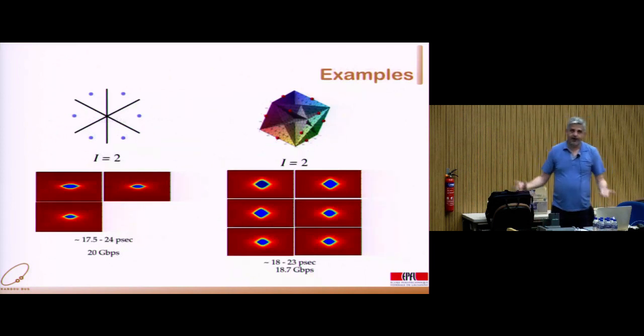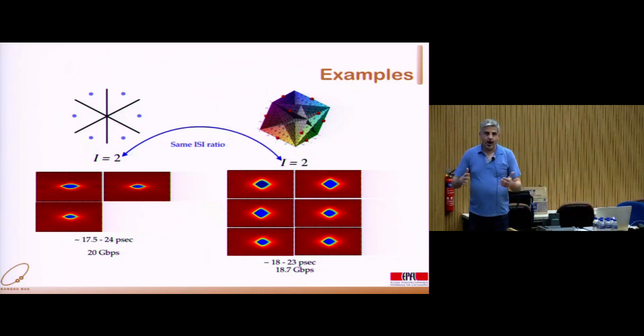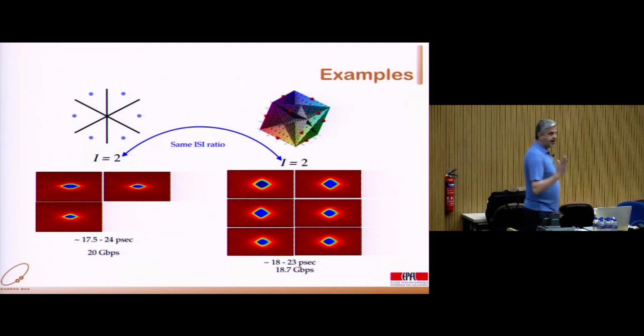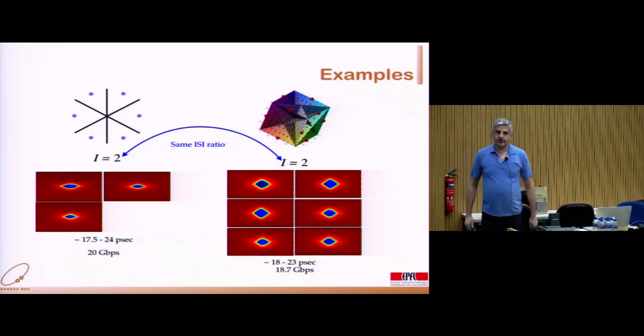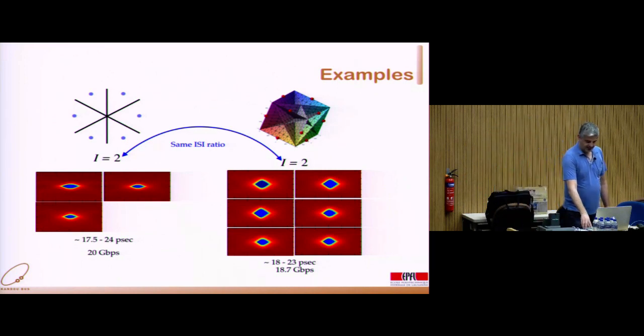Now, once we found the ISI-Ratio, we started experimenting. And indeed, you can have codes that operate in completely different dimensions. If they have the same ISI-Ratio and you're sending the data at the same frequency, you will see roughly the same horizontal width of this blue region of these eyes.